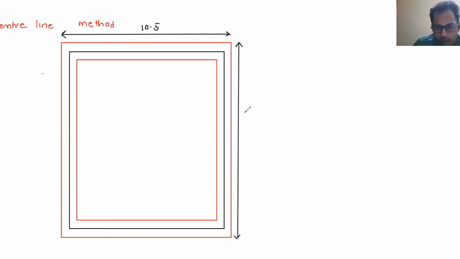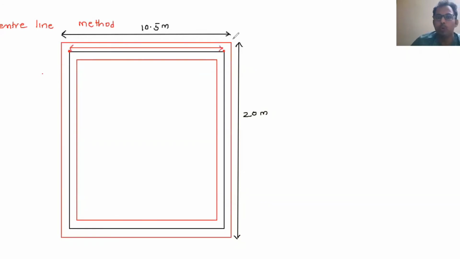Now if I'm taking the center line distance directly, what is the center line distance here? Center line distance means from here to here. What is the center line distance from here to here?